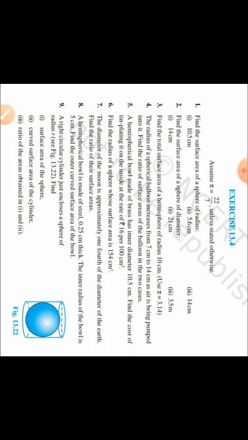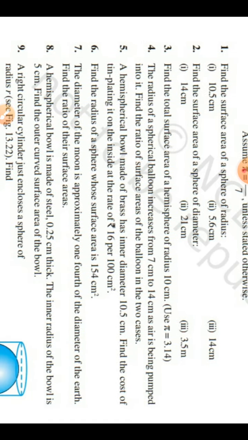Go to question part 3. Find the total surface area of a hemisphere of radius 10 cm. That is again simple, just like first and second. Total surface area of hemisphere means TSA of hemisphere is 3 pi r square.